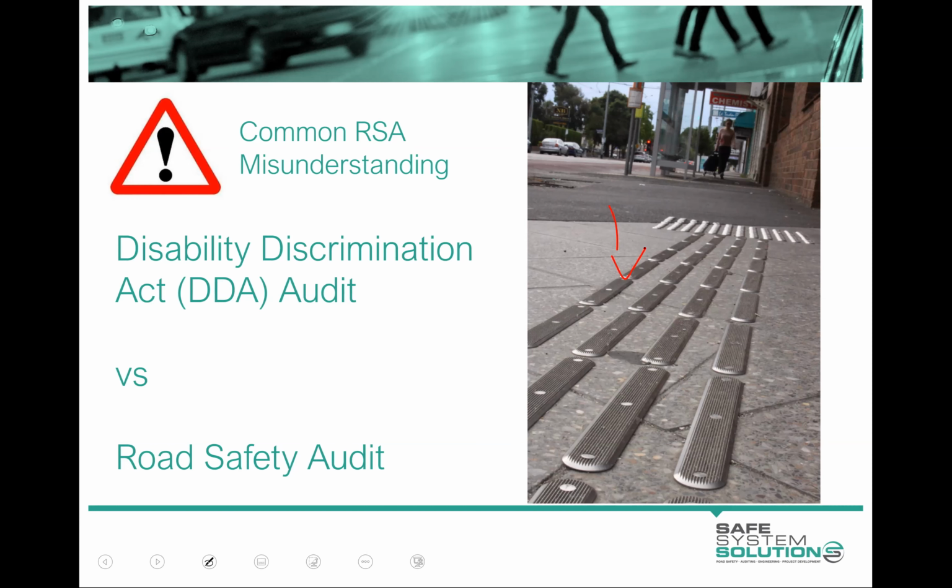Now, a road safety audit is not that. We're not checking all of that, okay? That's a different assessment. We may or may not pick this up if we decide to. So you might say, oh, there are no tactile ground surface indicators because you are concerned that might cause an issue. Or, oh, they're slightly pointing the wrong way.